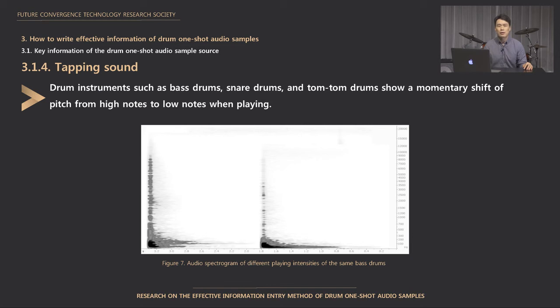At the same sound pressure, it can be seen that the pitch variation of the strongly played left sound source is significantly larger and clearer than the weakly played right sound source.